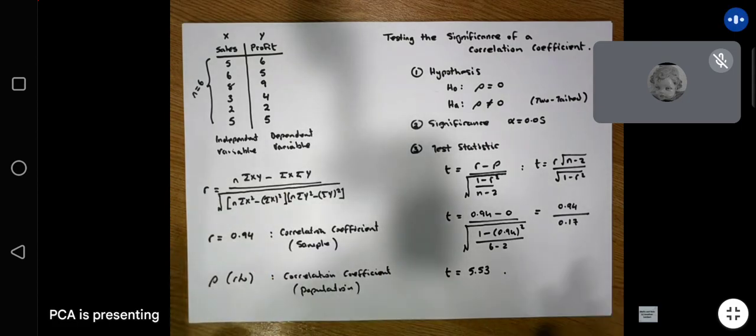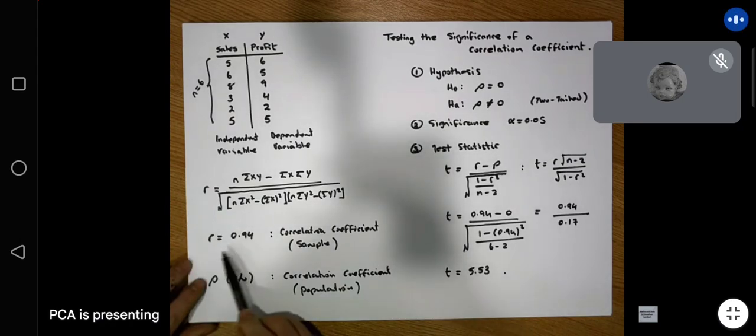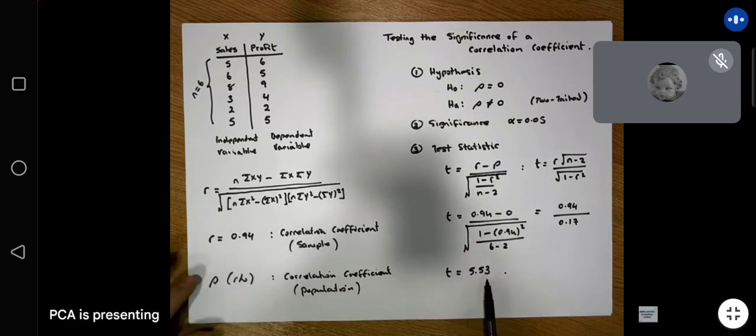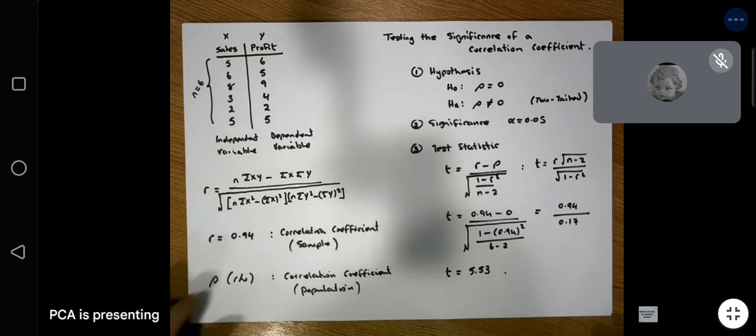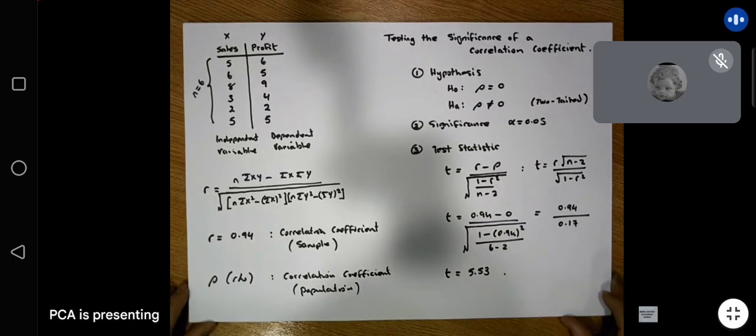So what we're saying is this: in standard units terms, our observed experimental result of 0.94 for the sample correlation coefficient is 5.53 standard units away from our hypothesized value of our population correlation coefficient. Okay, so we're nearly done now.